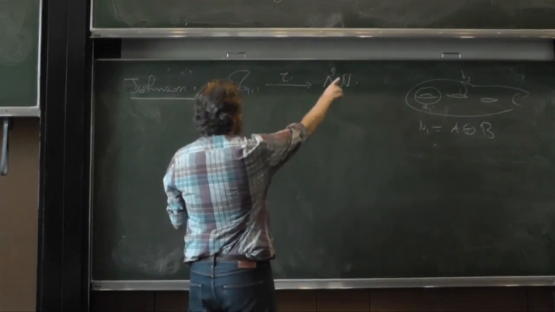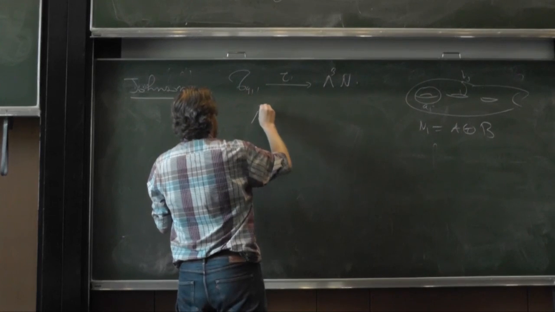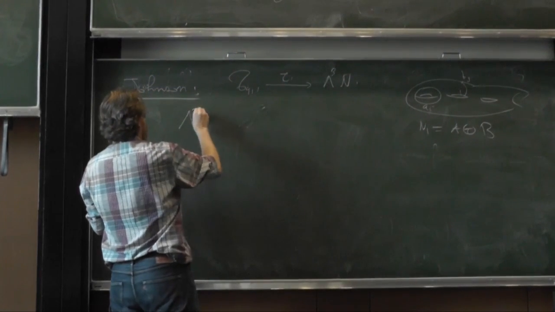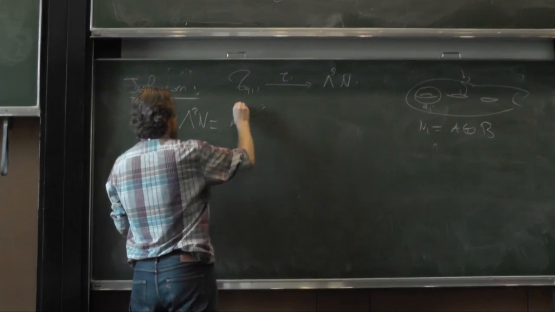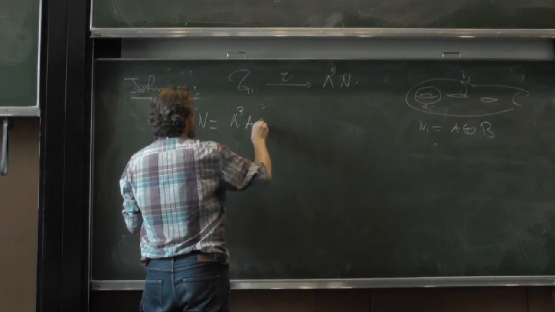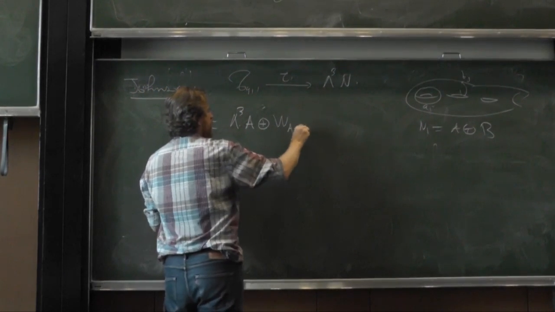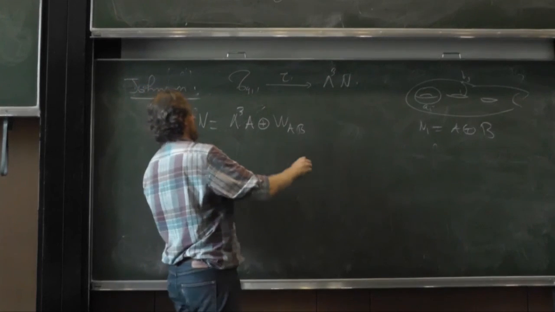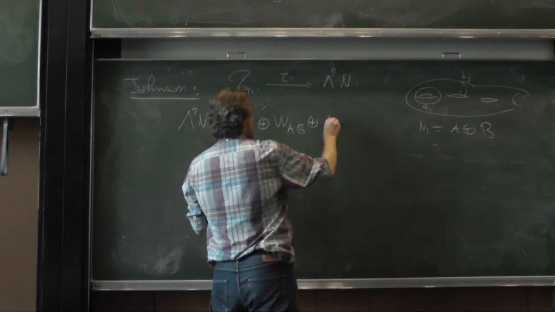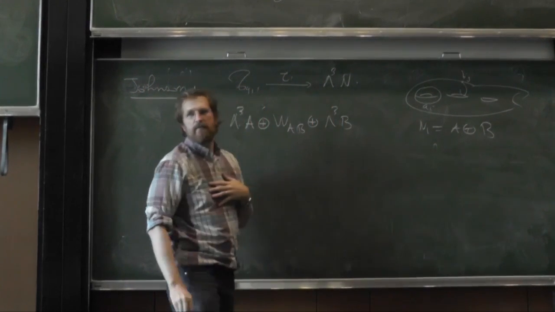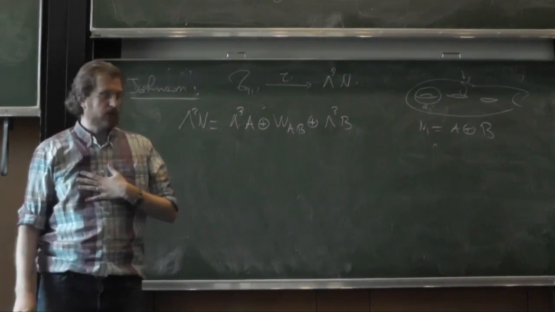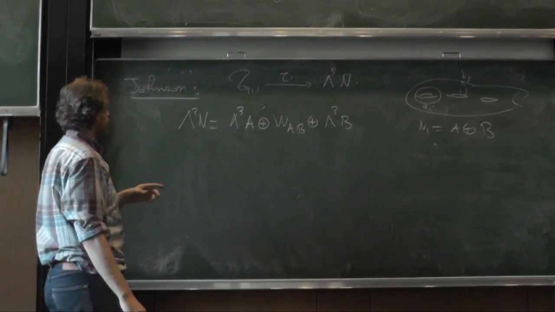And therefore this Λ^3 of N, I write it as a direct sum: Λ^3 of A, direct sum, some mixed term with A and B, plus Λ^3 of B. And I will give you a two-cocycle of this group.